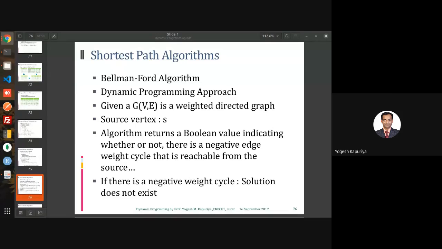So, in order to work on that limitation, we have a dynamic programming based approach for finding out the same. That is called the Bellman-Ford algorithm. Bellman and Ford are two gentlemen who derived this algorithm, and it uses a dynamic programming approach.